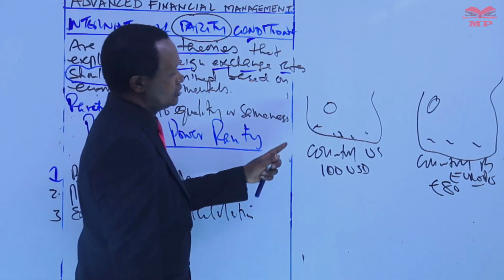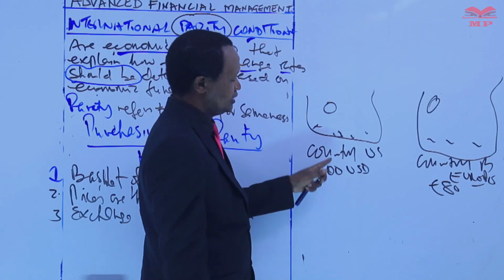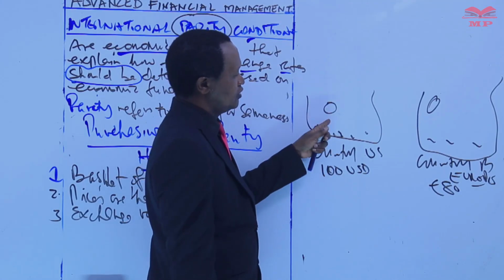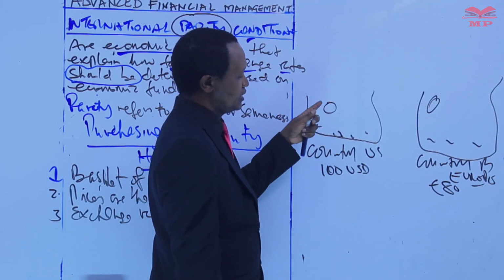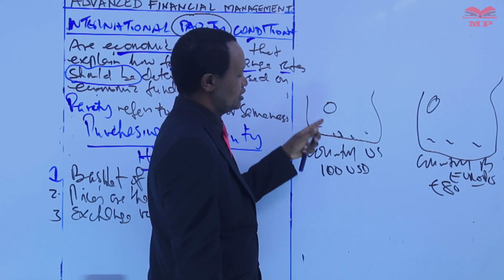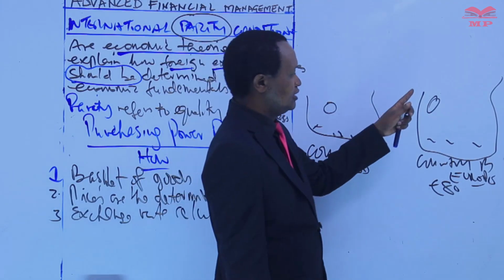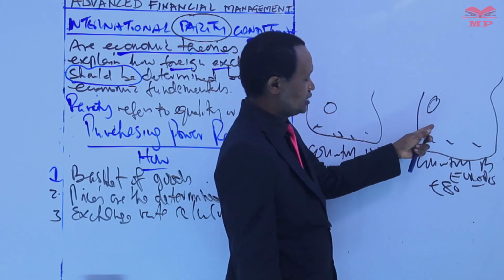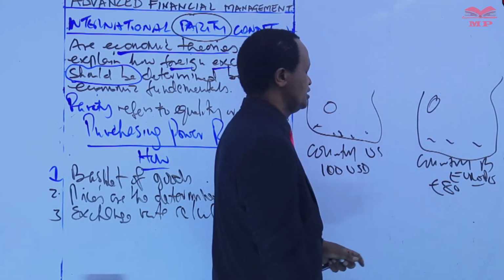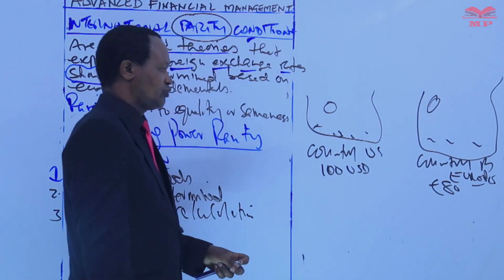So this is the price of all the goods in this basket calculated using the US dollar, one currency. Then the same goods in this bucket, the price is 80 euros, the Eurozone.